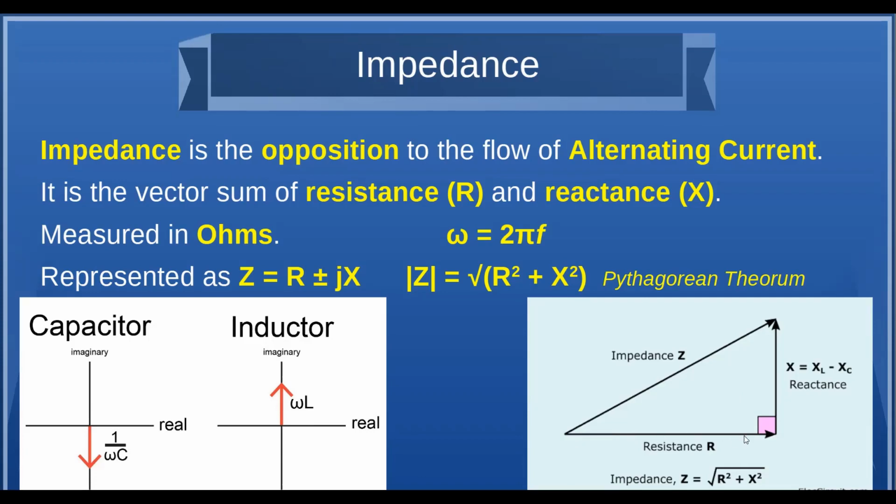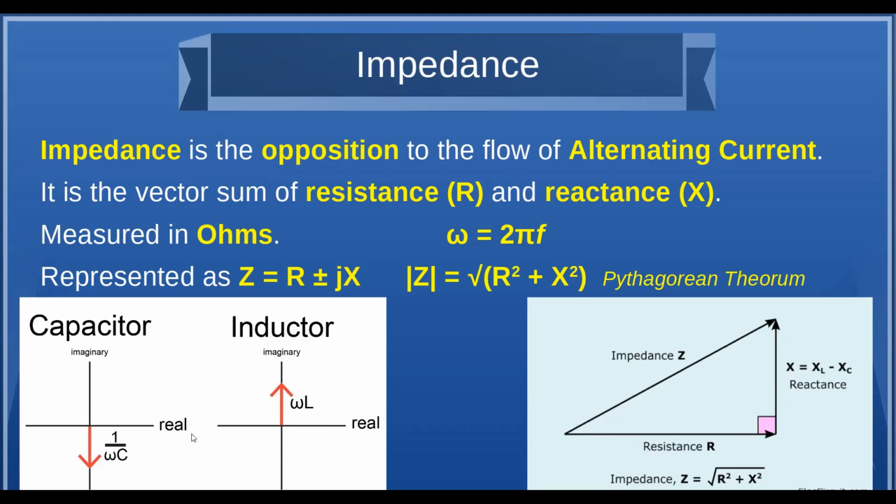So we have the resistance on the real axis and the reactance on the imaginary axis. And the magnitude of this hypotenuse is the impedance vector. And this angle is the phase angle. So that will be how much shift there is between the voltage and the current.